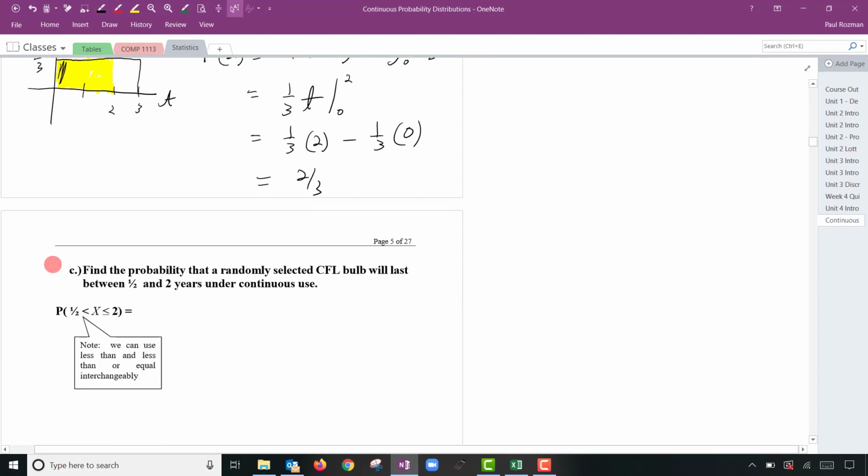Find the probability of randomly picking one that lasts between a half a year and 2 years. Now, I'll draw a little picture here so you can see what we're doing. We want a value between a half a year and 2 years. So we're looking for this region. In this case, it looks like, and it will be, exactly half of the area.